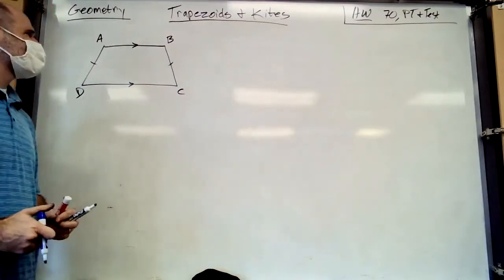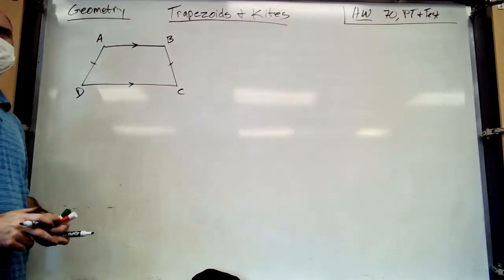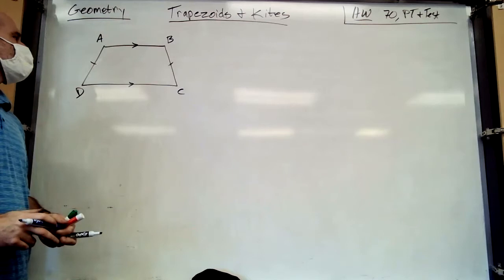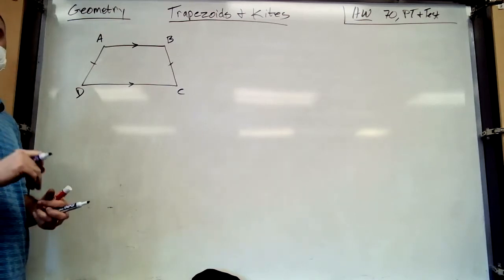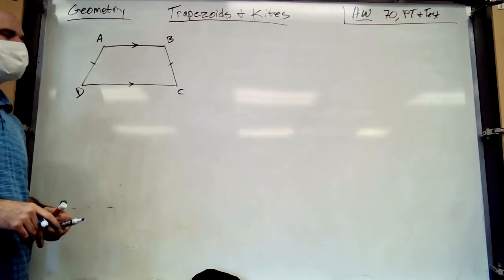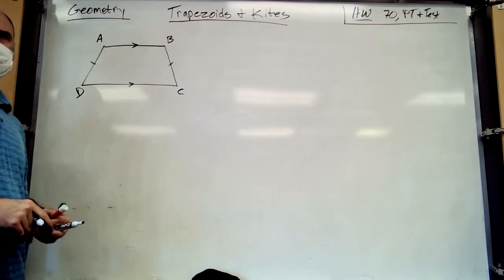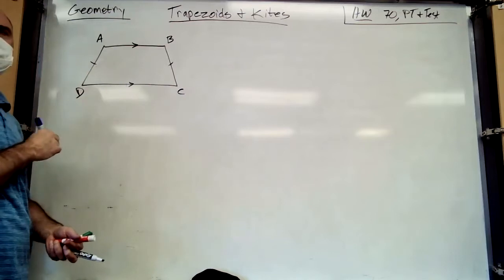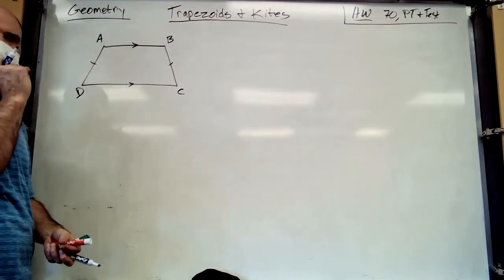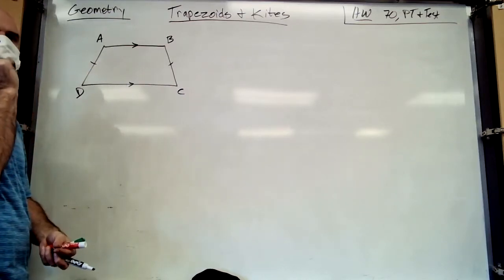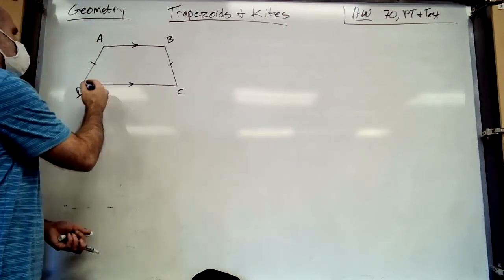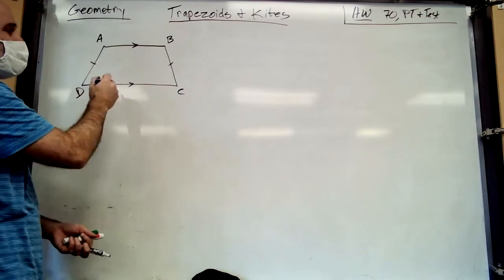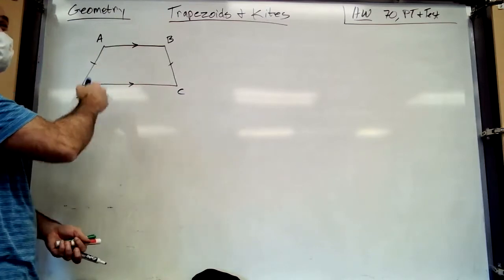No. Angle C. A and C would not be complementary. It's an isosceles trapezoid. Yeah. What else can you tell me? You were on the right track, Tobin. Would it be A and B? A and D and A and C are supplementary.